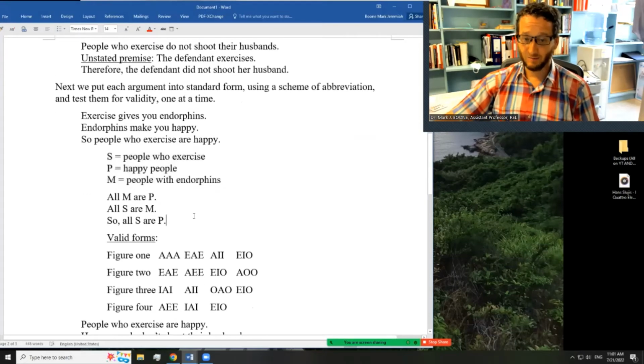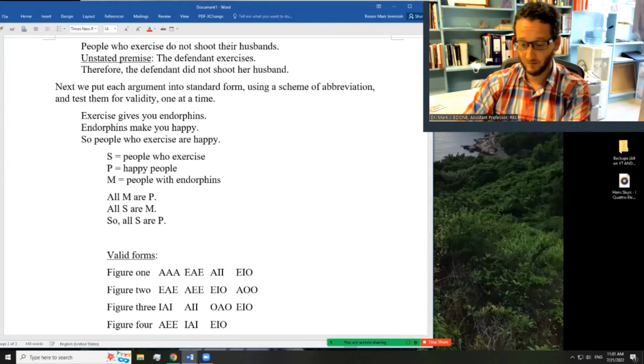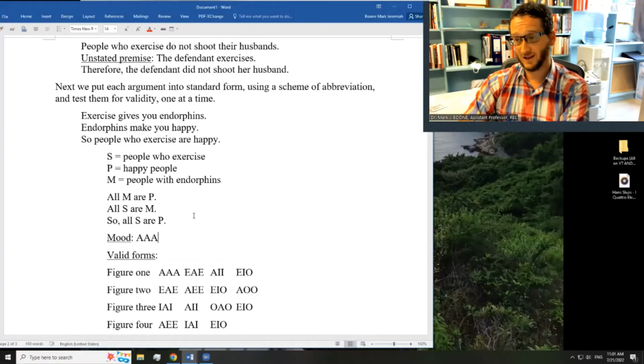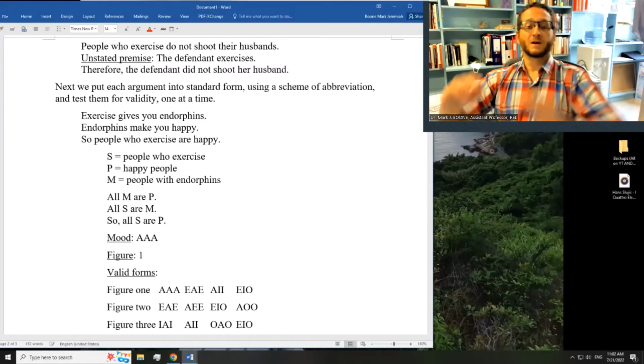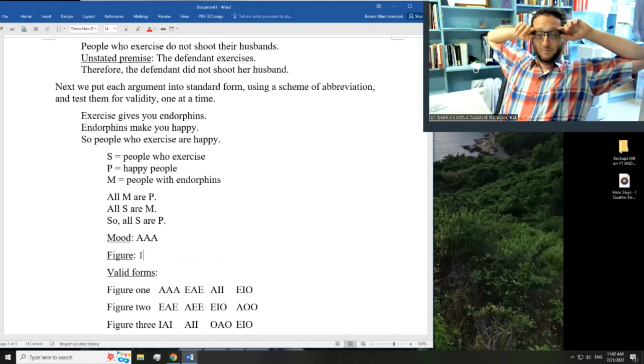And now we identify the mood and the figure. At this point, this should be easy. Go back and watch earlier videos on categorical syllogisms if you don't know what's going on here. The mood is AAA. These are three A form propositions, three universal affirmative propositions. What figure? I'm thinking this is figure 1. This is figure 1. This is a barbarous syllogism.